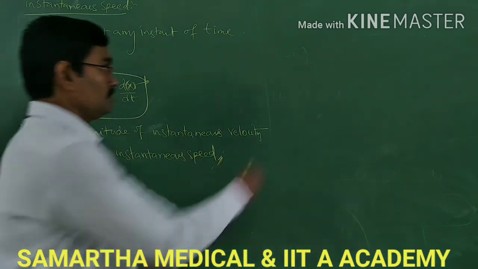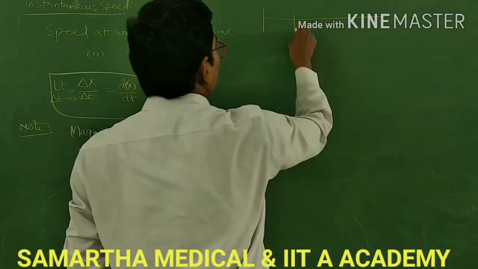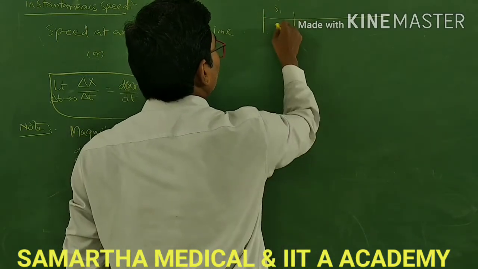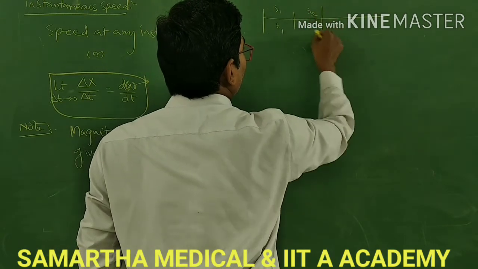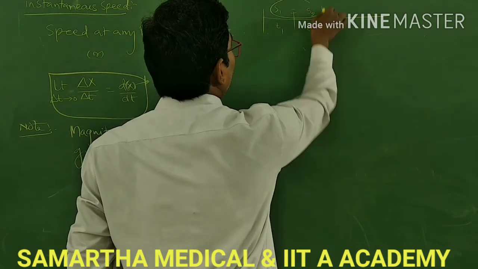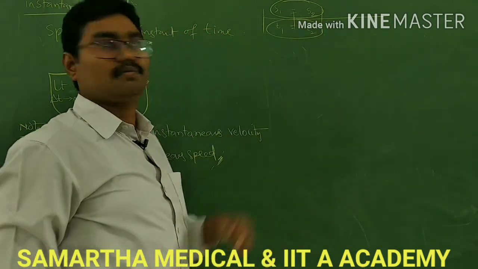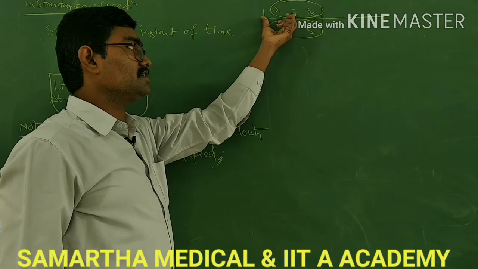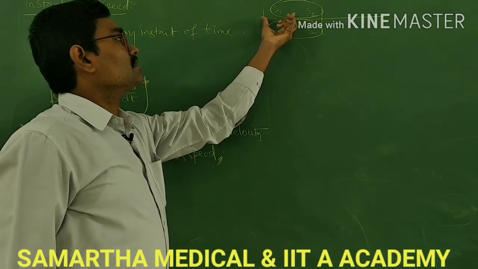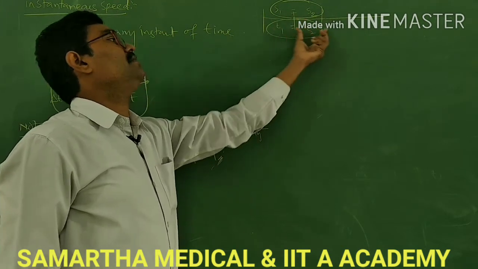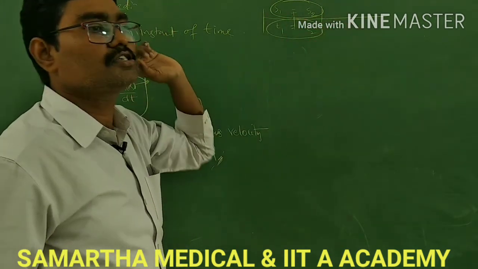So see here, this is a body, this is a journey. The body started from here to here. So S1 distance in time t1, this is S2 in time t2. Here S1 equals S2 and the time intervals are also the same. The body covers the same distance in the same time interval, so you can say that the body is moving with uniform speed.